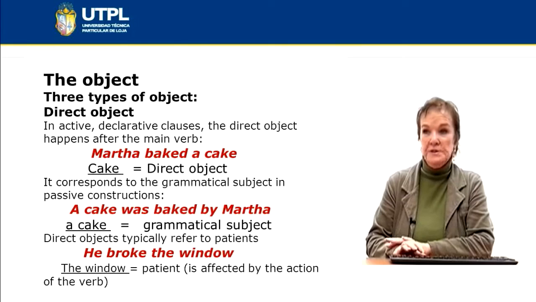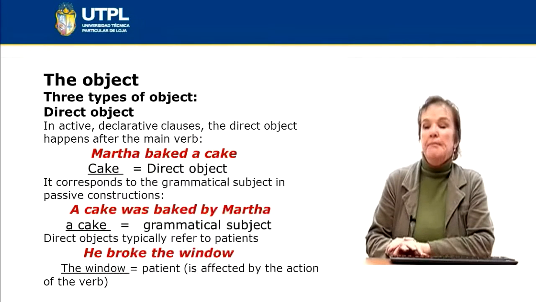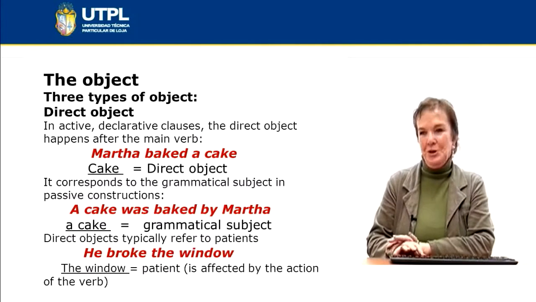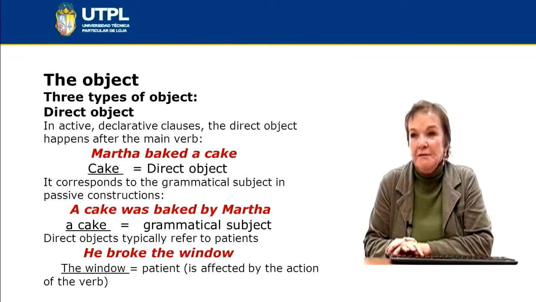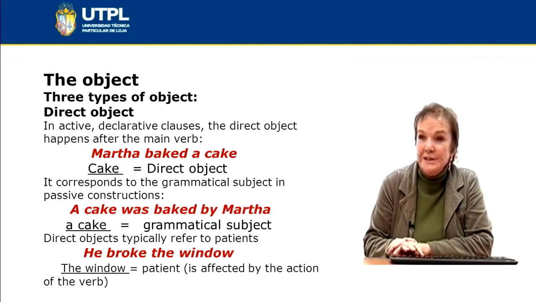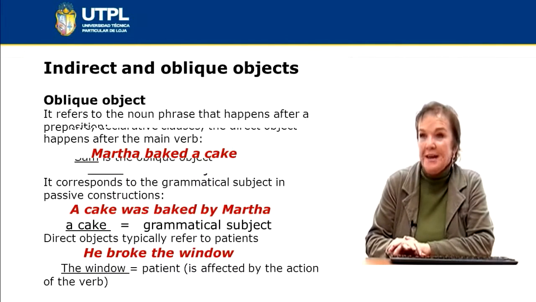A cake was baked by Marta. A cake is the grammatical subject, but is not the logical subject. Direct objects typically refer to patients. He broke the window. The window is the noun phrase. The window is the patient, which is directly affected by the action of breaking.